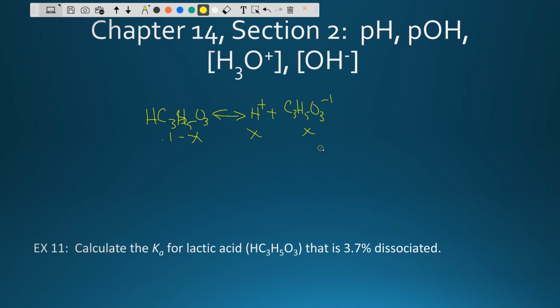Here's my x, and the second step is to say I've got 3.7%, which equals the concentration of my conjugate base, C3H5O3 to the -1 power, over my 0.1.